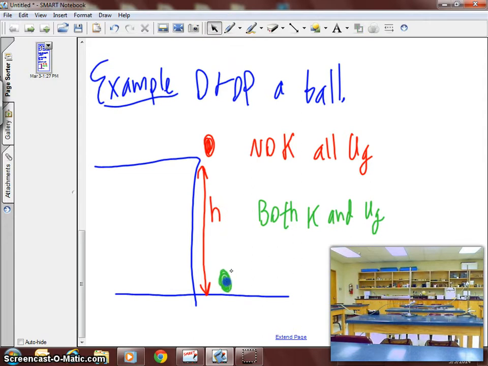And at the moment before it strikes the table, it is going to have all kinetic energy and no gravitational potential energy.